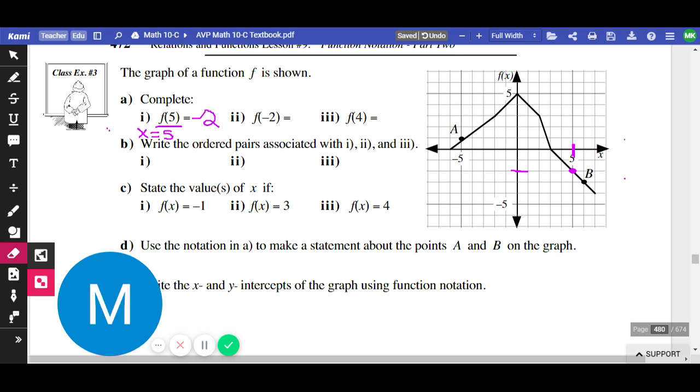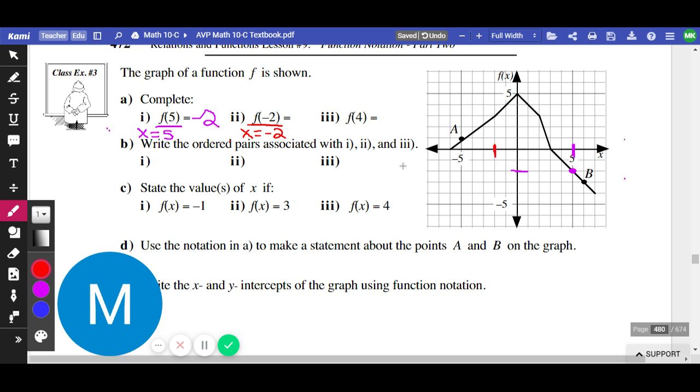The next one says, what's f of negative 2? That's them telling you x equals negative 2. Looking at your graph, x equals negative 2 here.